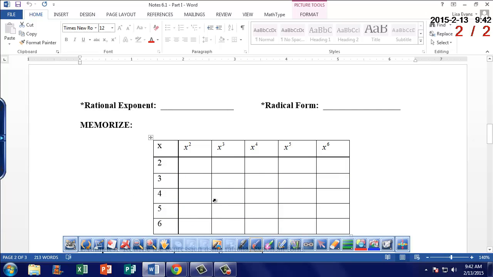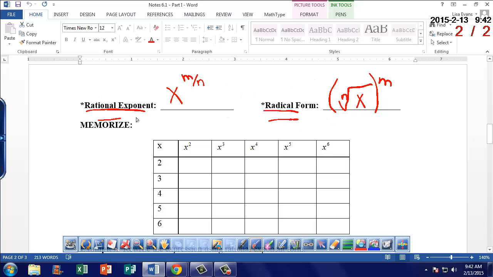Rational exponent form would look like this: x to the m over n. If I had this and I wanted to write it in radical form, the bottom number is what root you're taking. So it'd be the nth root of x raised all to the m power. You do need to know these two. Very, very important, and we'll convert between the two.